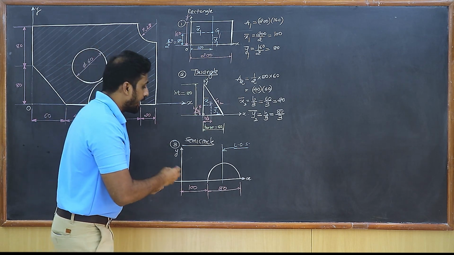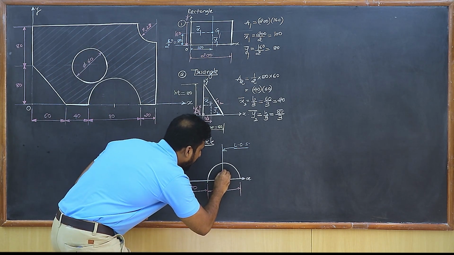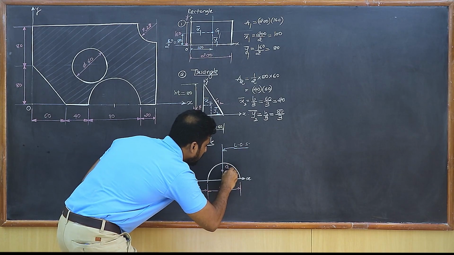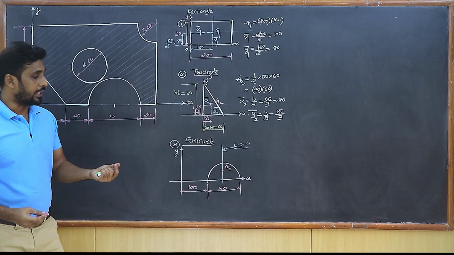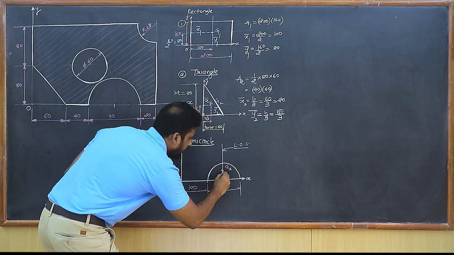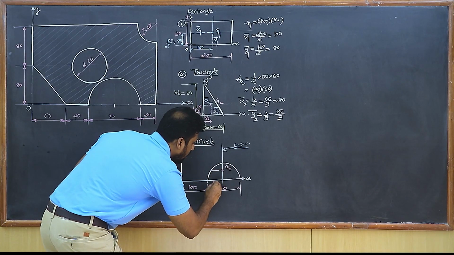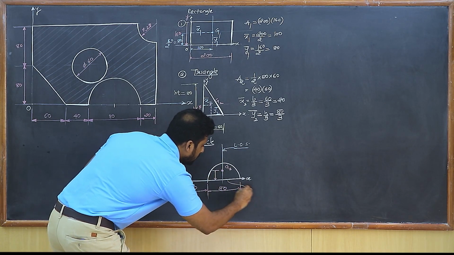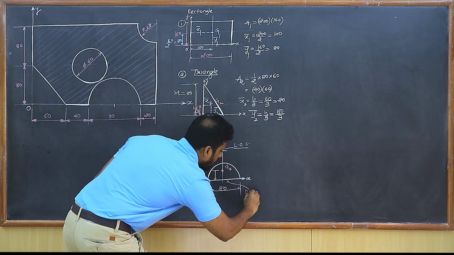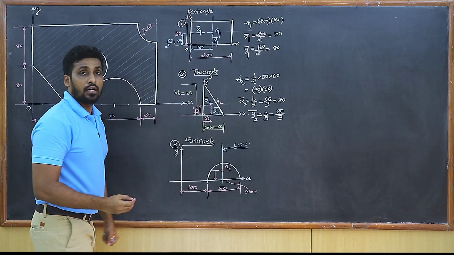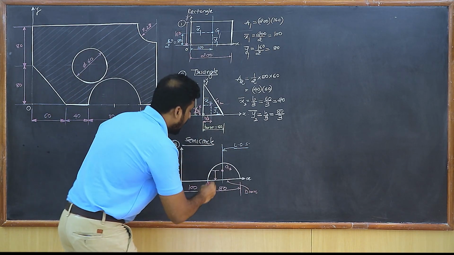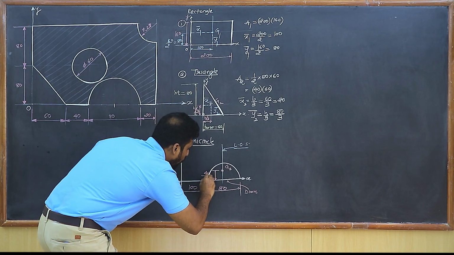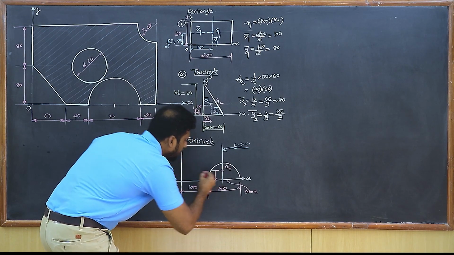So students, I can say this is the centroid, say G3. G3 is the centroid. So I can say the distance of the centroid from the diameter, this is 4r upon 3 pi.